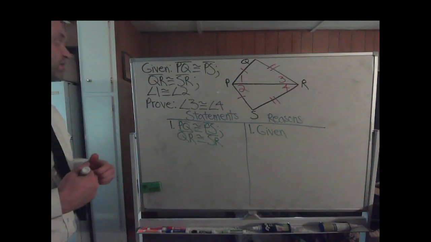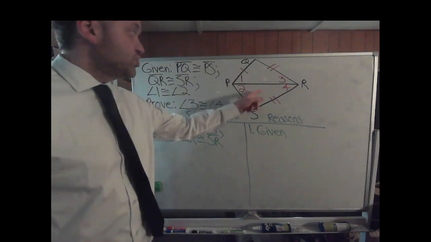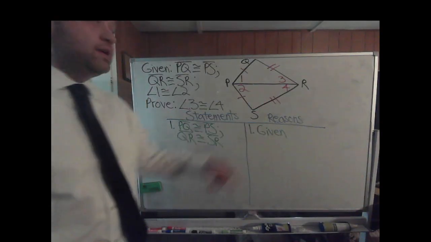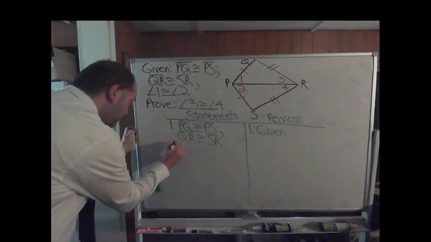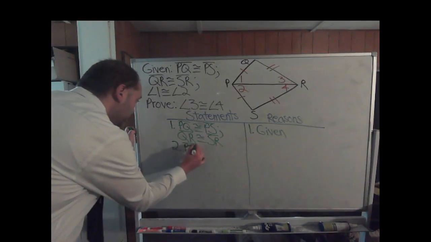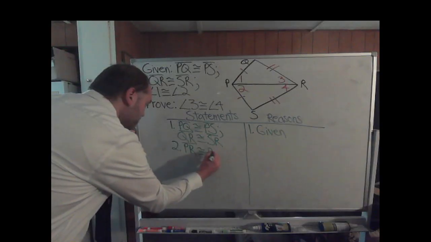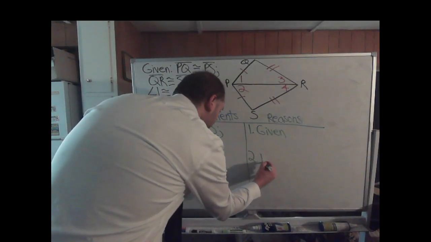Let's look at this diagram before we even consider the angles. Both of these triangles share side PR, do they not? We know PR is obviously congruent to PR. That's going to simply be by the reflexive property. So PR is congruent to PR, therefore, by the reflexive property.